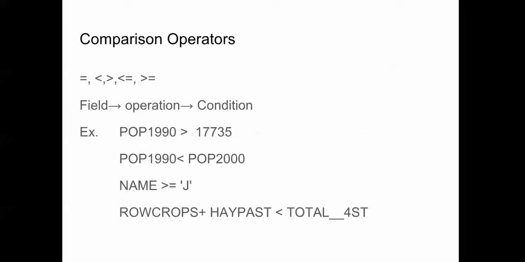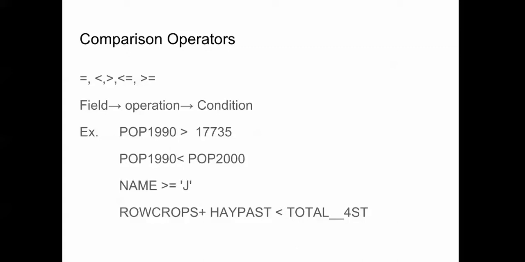data. So let's begin with the idea of comparison operators. Comparison operators are what you would think of from your basic math class as equal to, less than, greater than, less than or equal to, greater than or equal to. When we use comparison operators in a query or in a selection, essentially what we want to do is say a field, some comparison, an operation if you will, and then a condition.